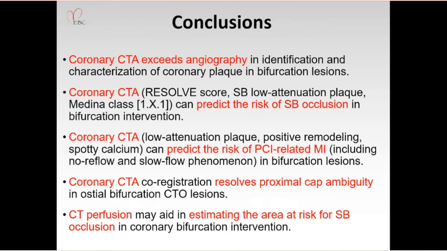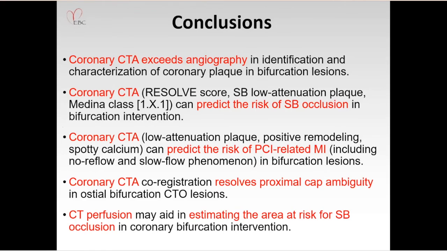In conclusion, coronary CT exceeds invasive angio in identification and characterization of coronary plaque in bifurcation lesions. Coronary CT can predict the risk of side branch occlusion and the risk of PCI-related MI in bifurcation lesions.